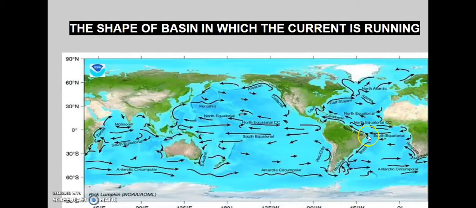Kung nakita nyo sa screen, itong arrow na to, ang Coriolis effect daw, kapag bumangga ito dito, nagbabago siya ng direction. Ayan, kung makikita, dire-diretso, tapos yung nakabangga siya, nagbaluktot na yung direction niya. At ayun yung Coriolis effect.